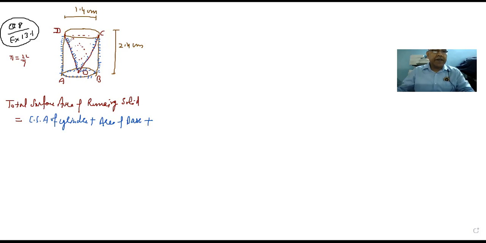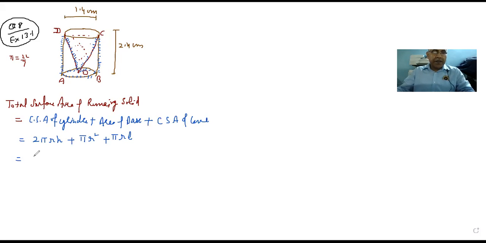So only this portion is the curved surface area of the cone. So curved surface area of cylinder is 2 pi rh. Area of the base is pi r square, a circle. Area of the cone is pi r L.